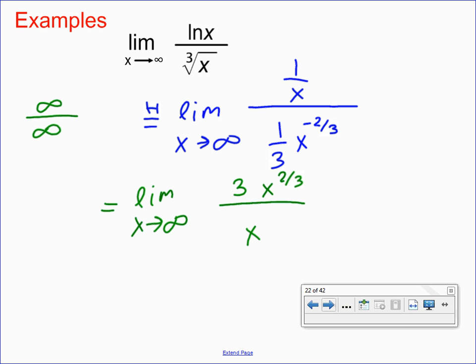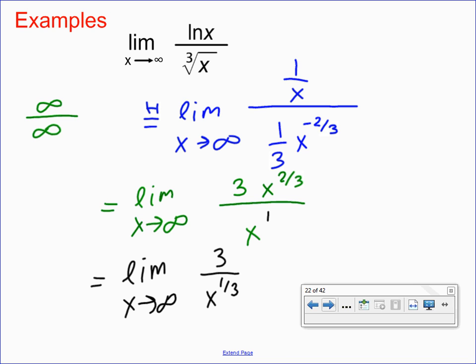Also, I can rewrite this yet again using a quotient of powers property. It looks like this is x to the 2/3 over x to the 1st. This would end up being x to the 1/3 on the bottom. And as x goes to infinity, this denominator will go to infinity slowly.